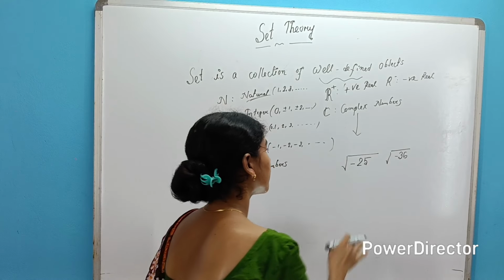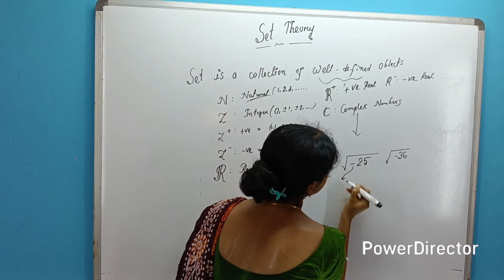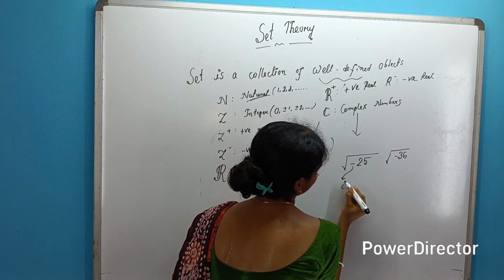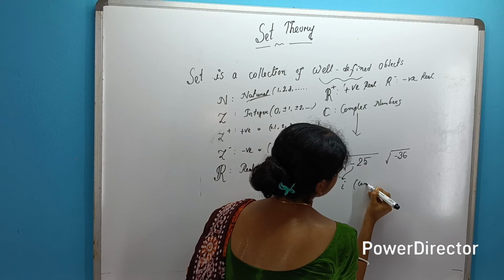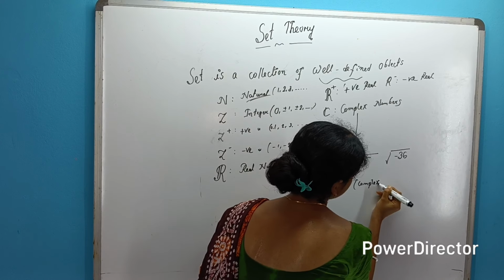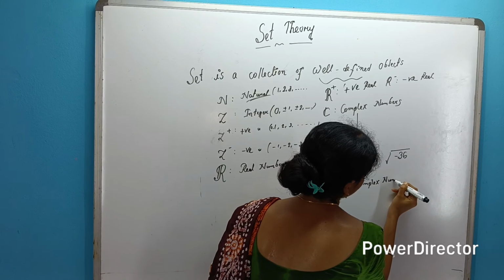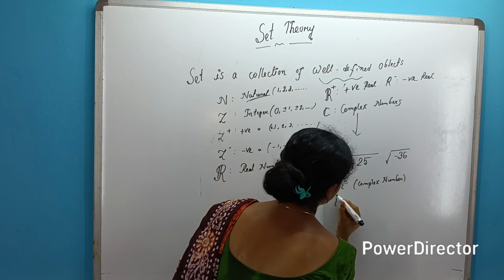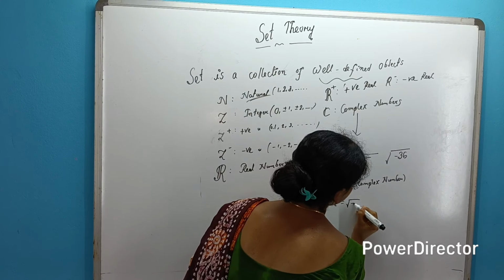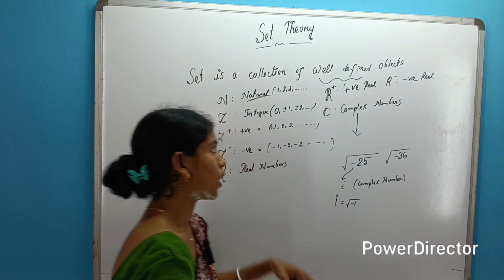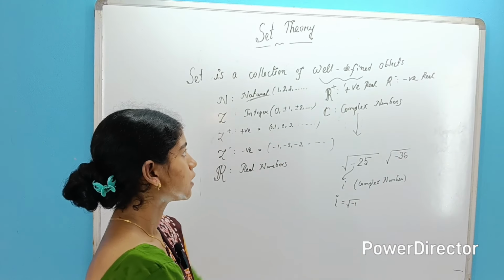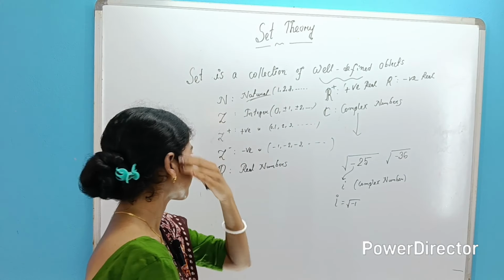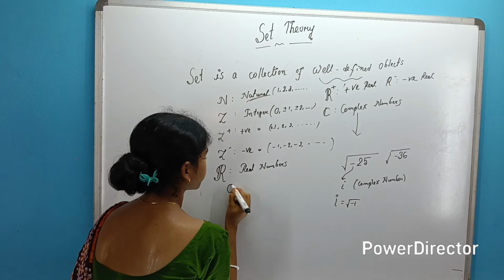For that reason we have considered iota. Iota means i, which is considered a complex number. Later I will give a lecture on that topic also. i means root under minus 1. This is out of the real numbers. Okay, so some are real numbers, some are complex numbers, and another thing is there, Q.